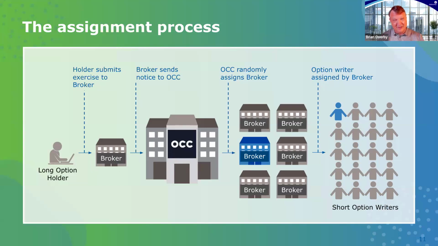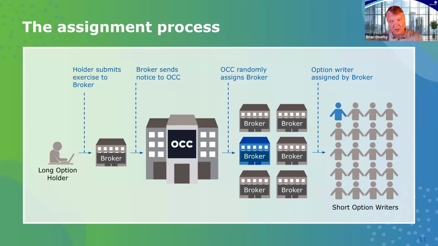You're going to get the assignment, right? So if there's no one else that is interested in the option contract that you're trading and somebody exercises on this side of the equation over here, you're going to get the assignment notice on this side because you're the only one that's there.